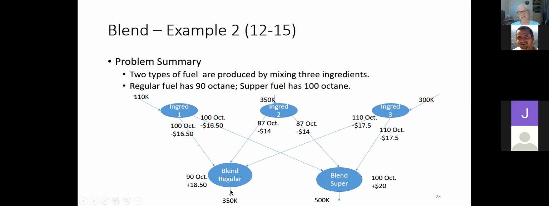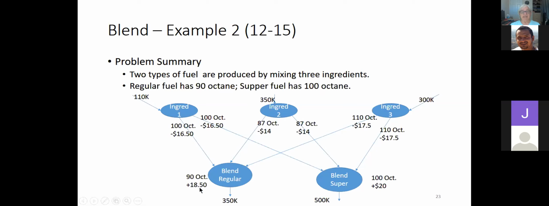The other one is about the products. You need to produce 2 types of fuel. One is characterized mainly by the different octane on them. So there is a requirement of at least 90 octane of the regular, at least 100 octane of the super fuel.